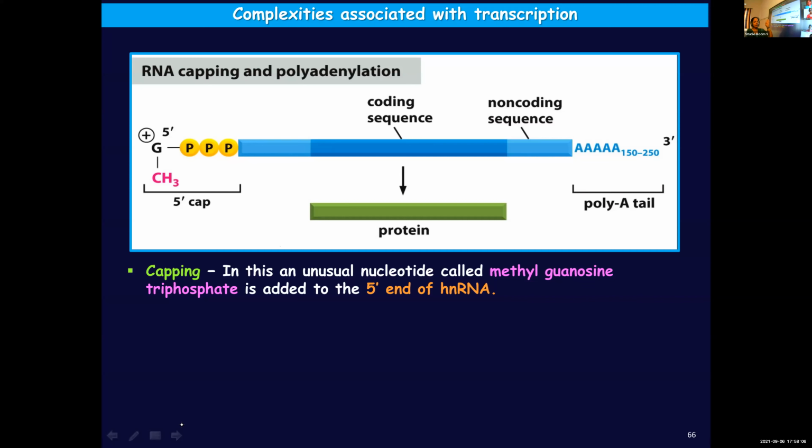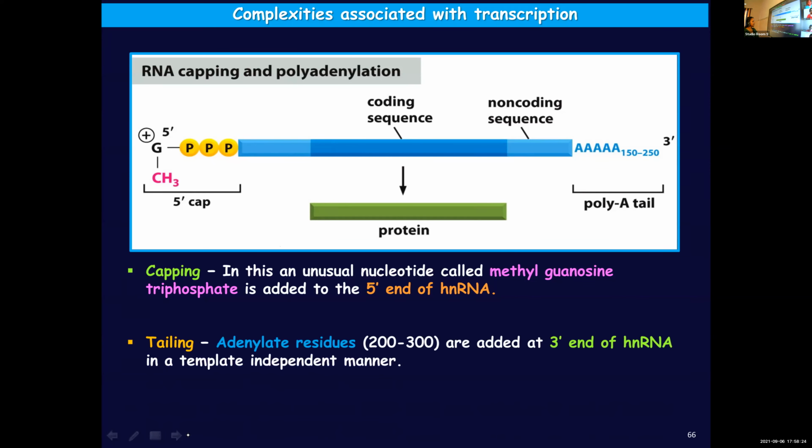You know that polymerization is also taking place from 5' to 3' end. Assume that 5' is the cap or the head and the 3' end is the tail. So at the 5' end, when methyl guanosine triphosphate is added, you call it as capping. Similarly, at the tail region also, you add adenylate residues.